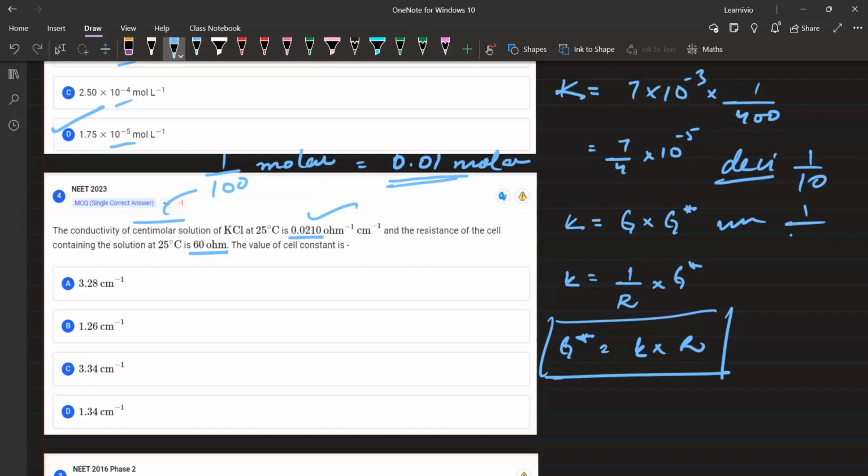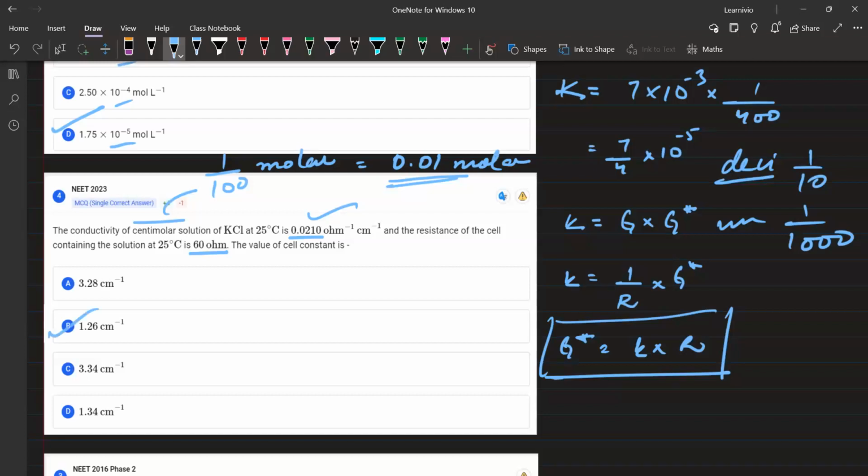Millimolar will be 1 upon 1000. Yes, option B will be correct.